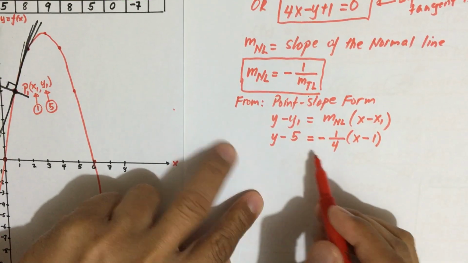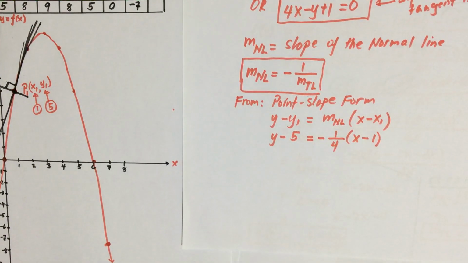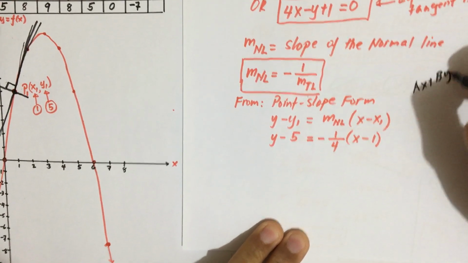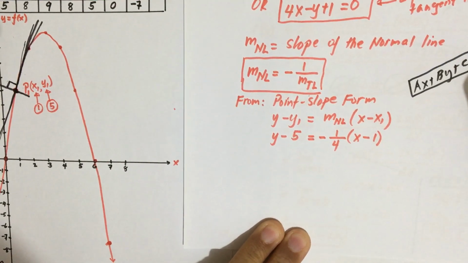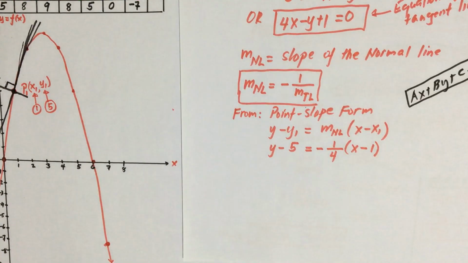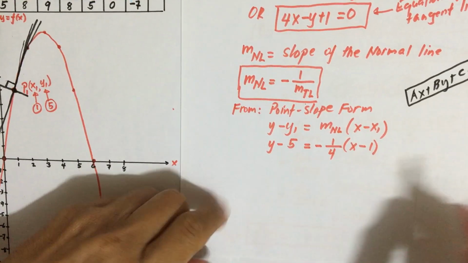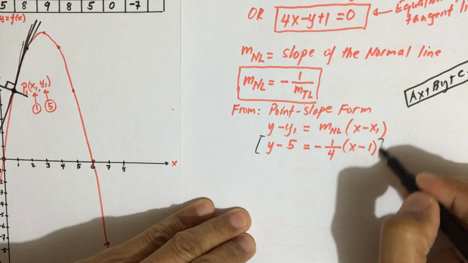Okay? Now, again, we have to express our answer in this form, same as the tangent line: ax plus by plus c equal to 0. So we also have to express our equation in that form. From here, you can multiply both sides by 4 just to eliminate the fraction.